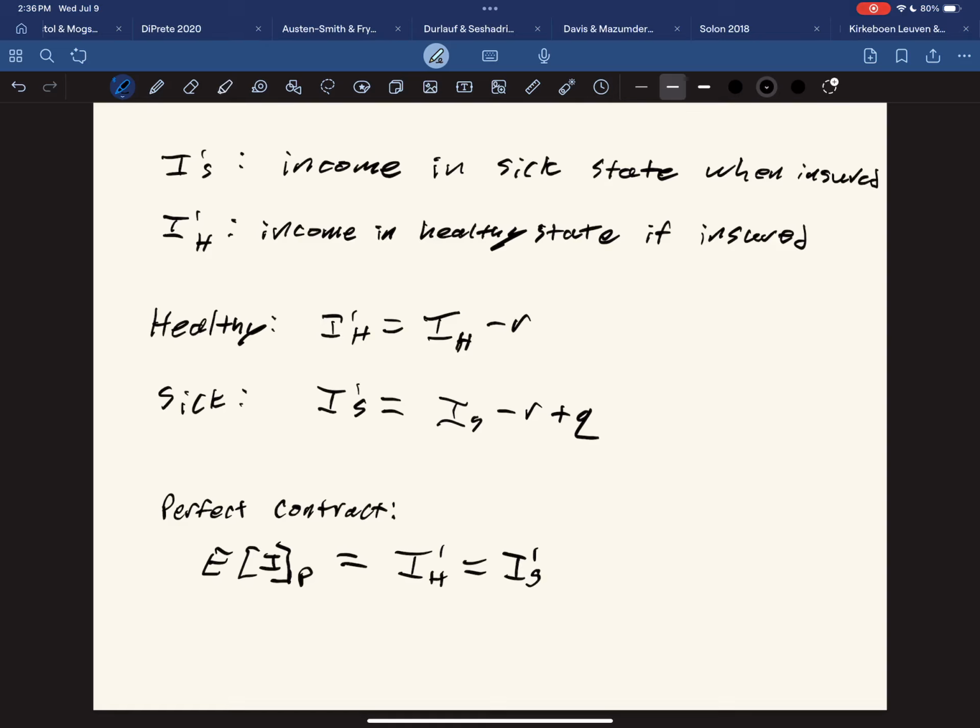I'll give a formal definition of that in a second. But this is the perfect contract. The individual wants the same income whether she's healthy or sick.